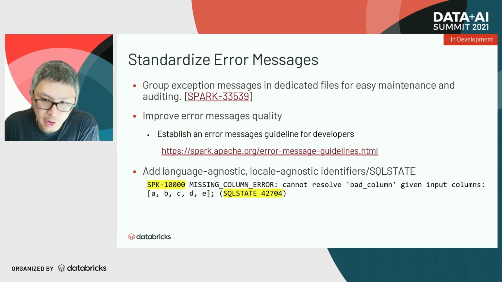In the new proposal, the message has an error ID, SPK-10000, and a SQL state 42704, which is from the SQL standard. With this message identifier, your application can easily capture the root cause from a long stack trace, and then either report it to the end user directly or automatically track your queries.